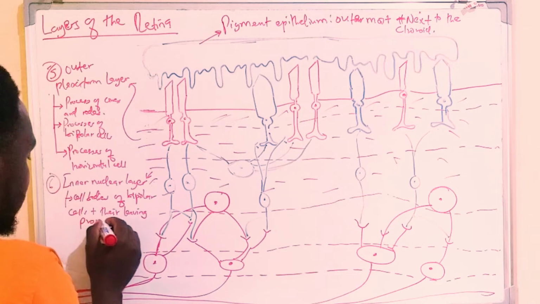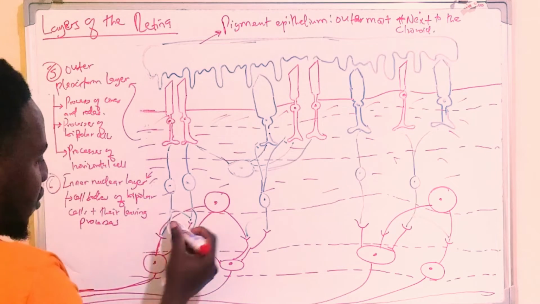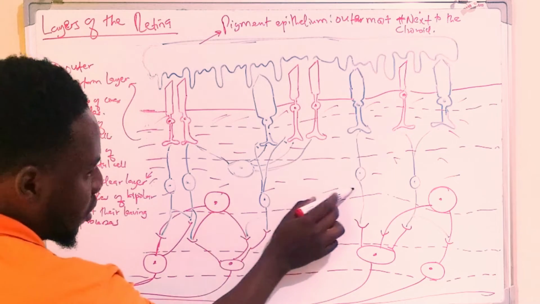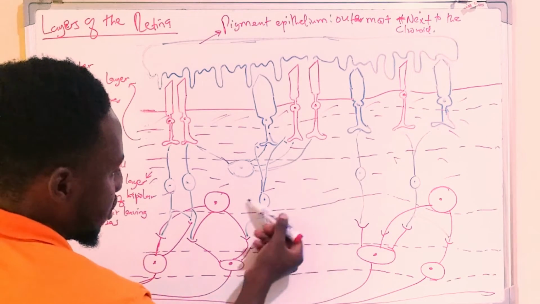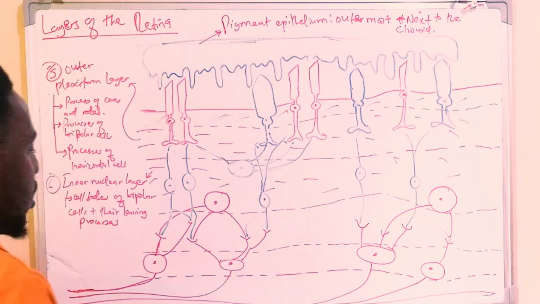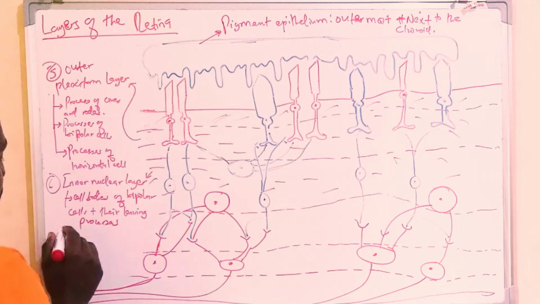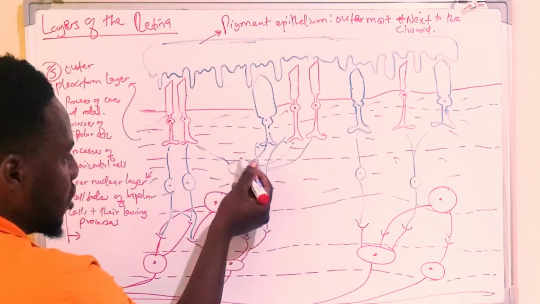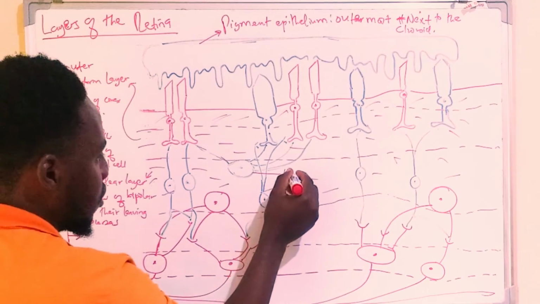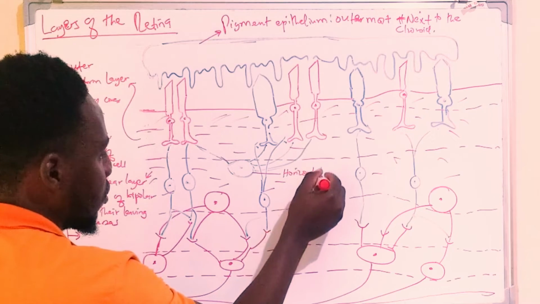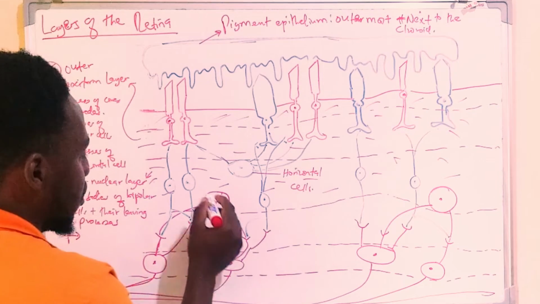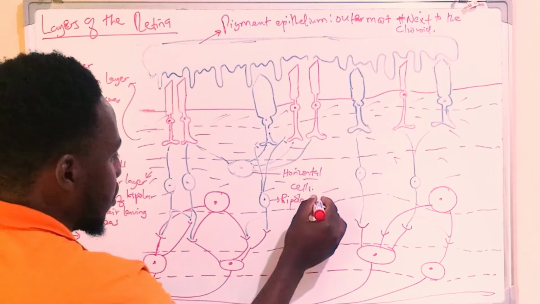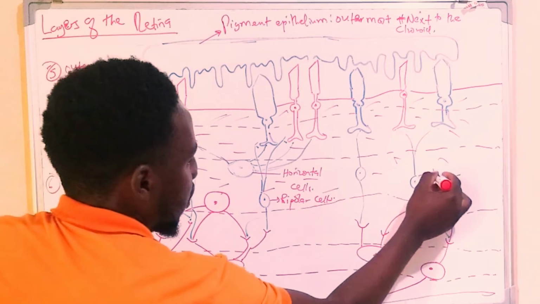You can see processes of these bipolar cells leaving this layer, going into another layer that we're going to talk about. Then in the same inner nuclear layer, you can also see cell bodies of horizontal cells. These are bipolar cells.